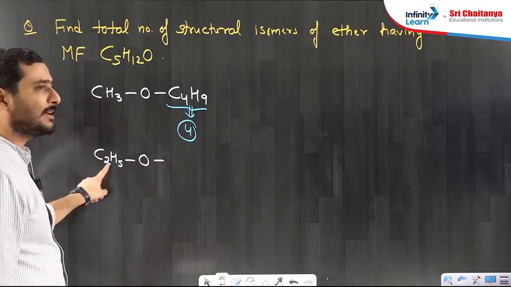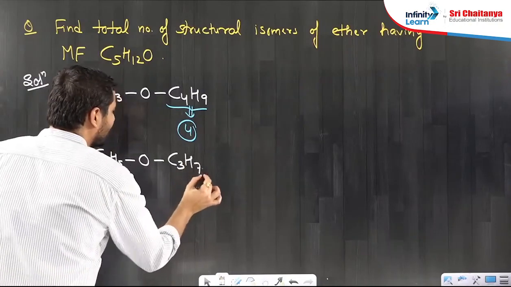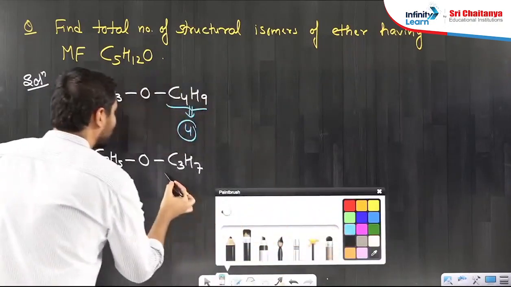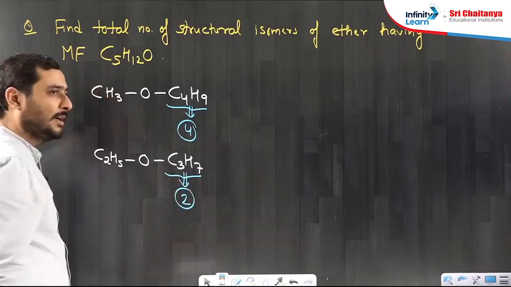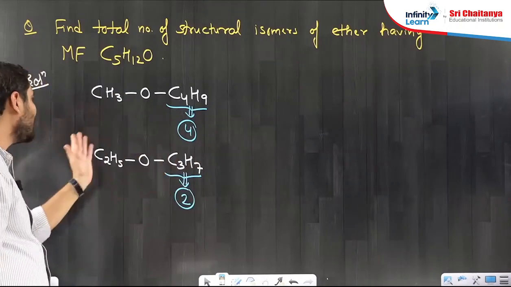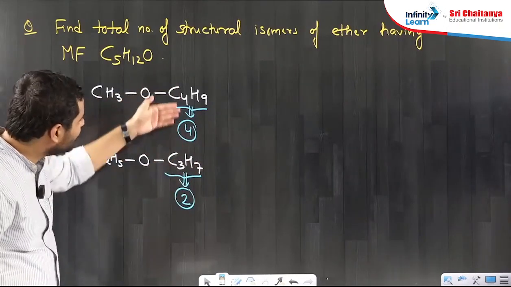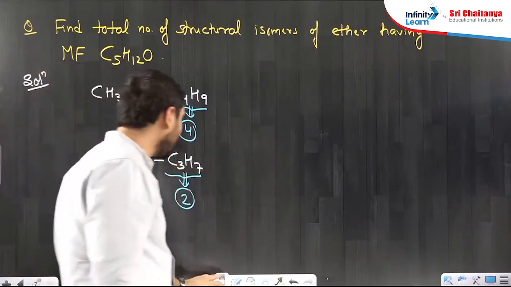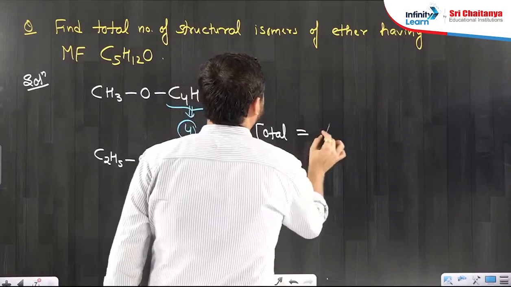Now 2 carbons are present, total are 5. So how many are remaining? 3. C3H7. So for C3H7, how many isomers are possible? 2 isomers are possible. Next, if you take C3H7, C2H5, identical. Next here C4H9, CH3, identical. So total how many are possible? 4 plus 2, 6. Total ethers are 4 plus 2, 6.